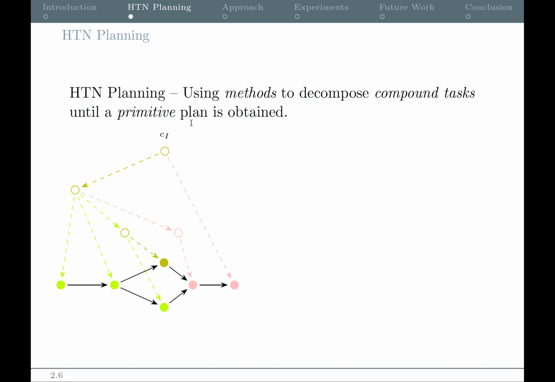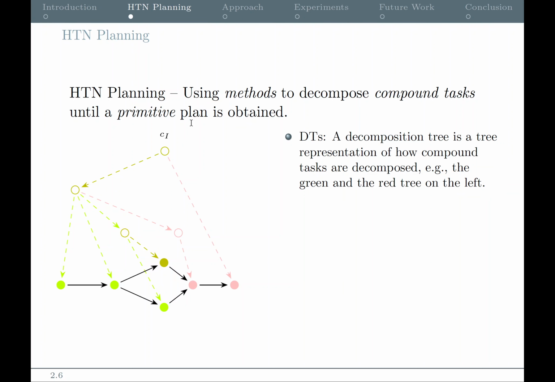In particular, such a decomposition process is captured by a decomposition tree. So, for instance here, the trees colored with green and pink respectively represent a decomposition tree.